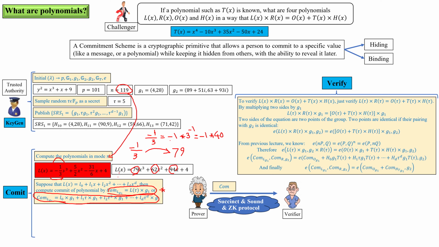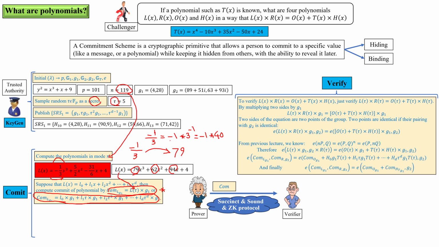So this is L of x, and the prover just needs to replace x by tau and then compute L of tau. But the problem here is that the prover doesn't know the value of tau, right? Because tau is a secret that the trusted authority does not share with the prover. So the first formula cannot be used.